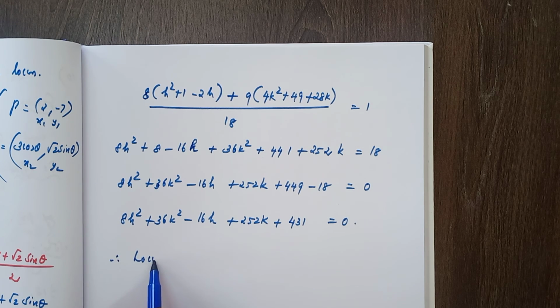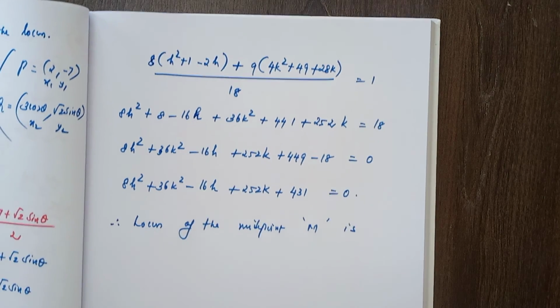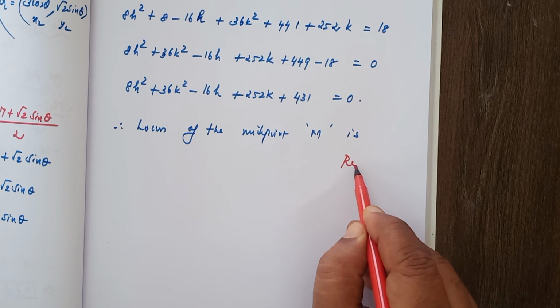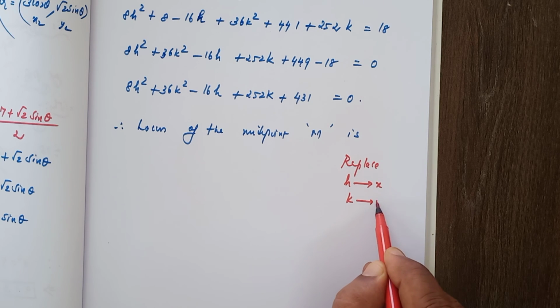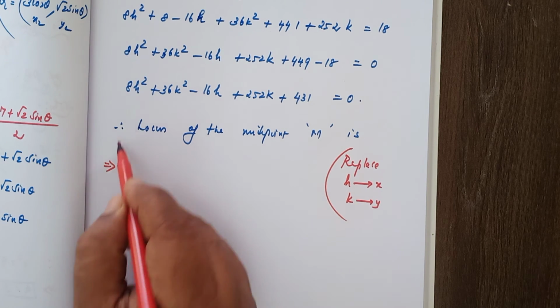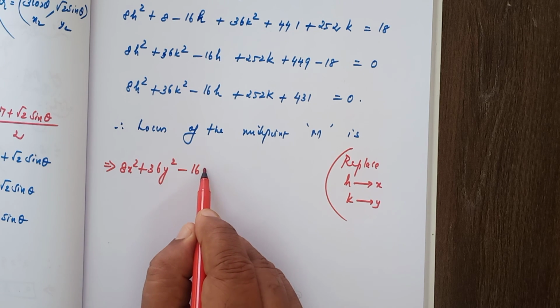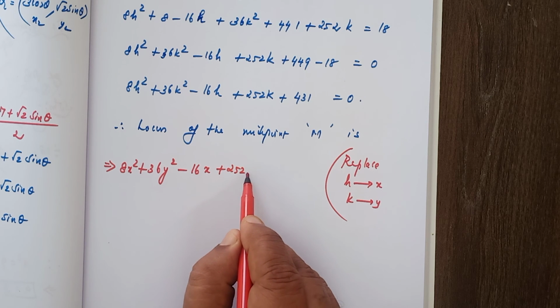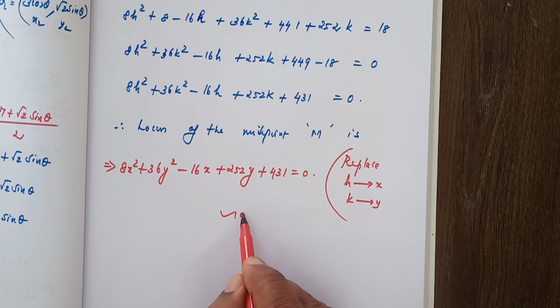Therefore, the locus of the midpoint M is, remember, replace h by x, and k should be replaced by y. So you'll be getting 8x squared plus 36y squared minus 16x plus 252y plus 431 equals 0.